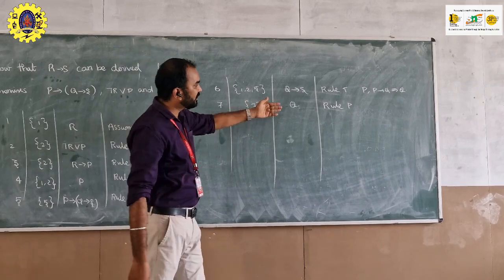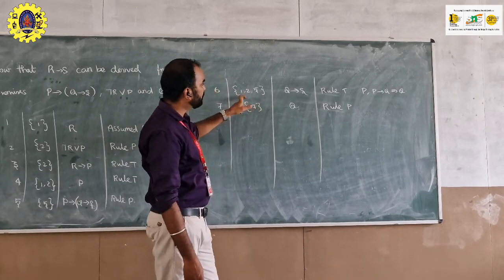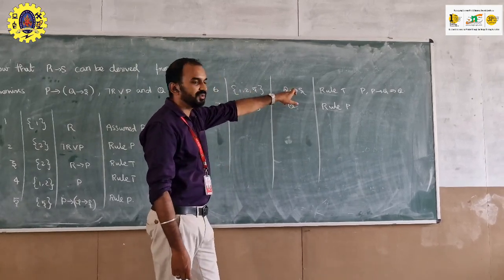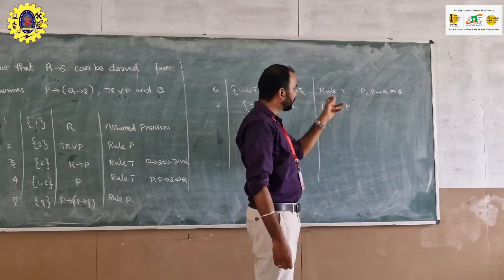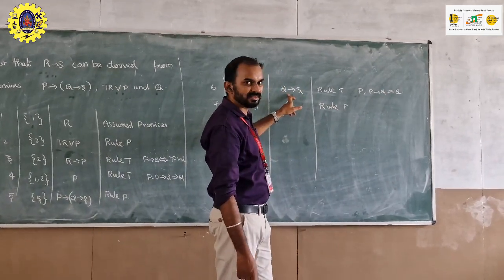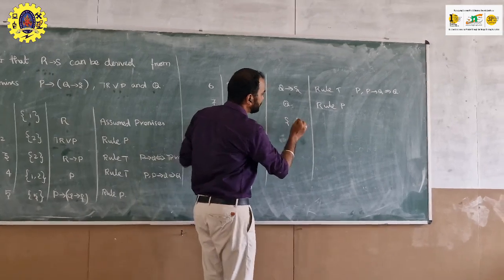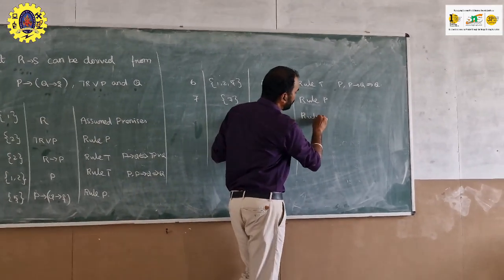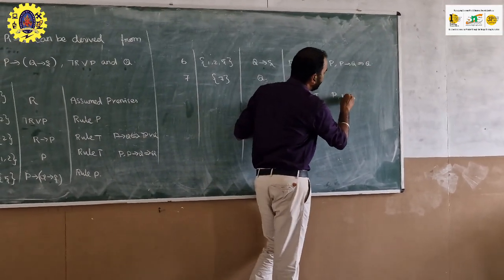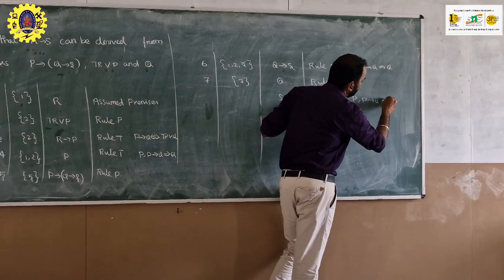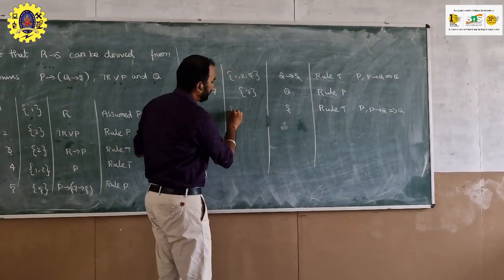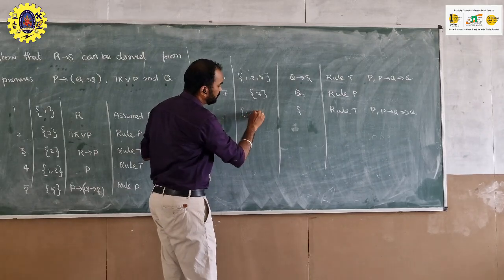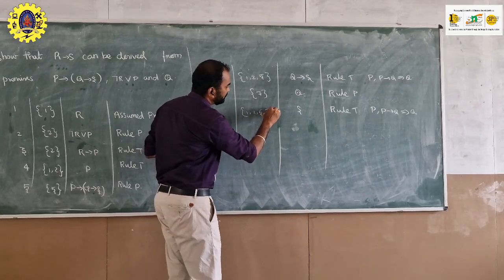Now consider premise number 7 and premises 1 to 5. Q then S formula. We have the formula P, P then Q gives Q. Here also Q, Q then S. So our final answer is here. I use rule P, P then Q gives Q. I got this from 1, 2, 5 and 7.